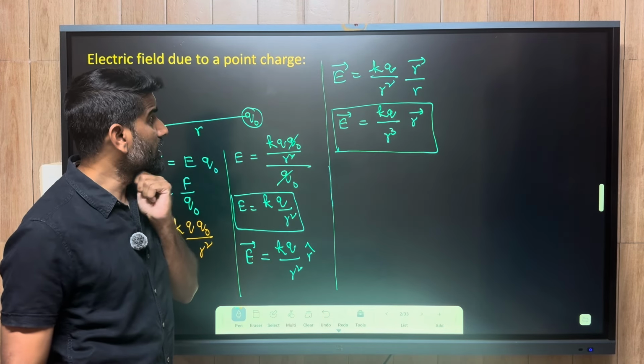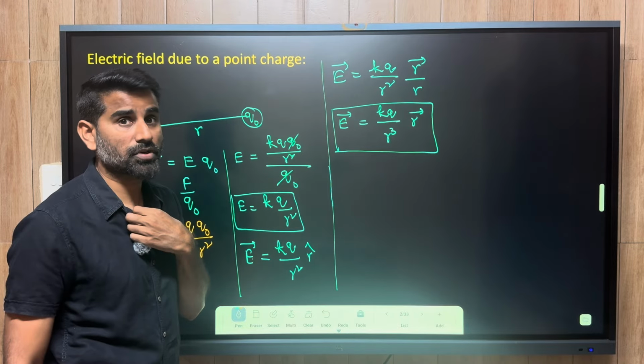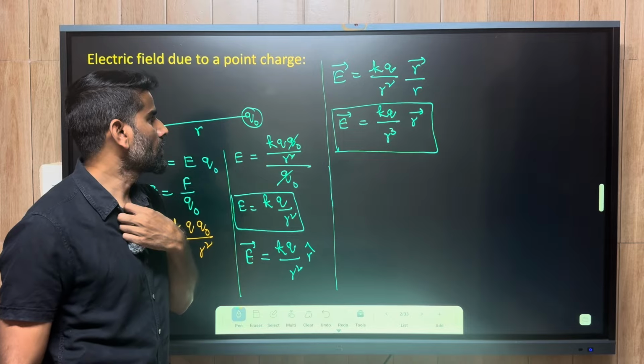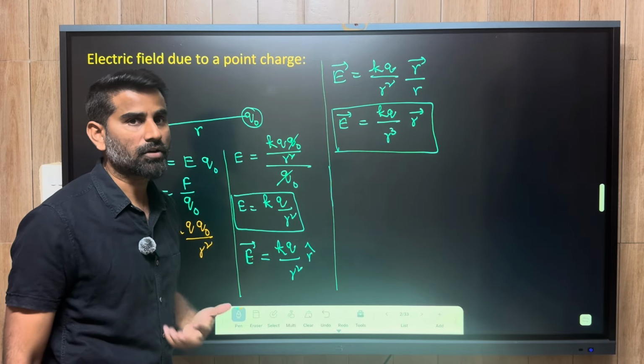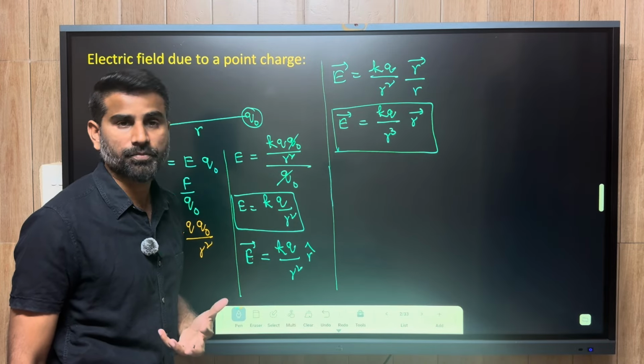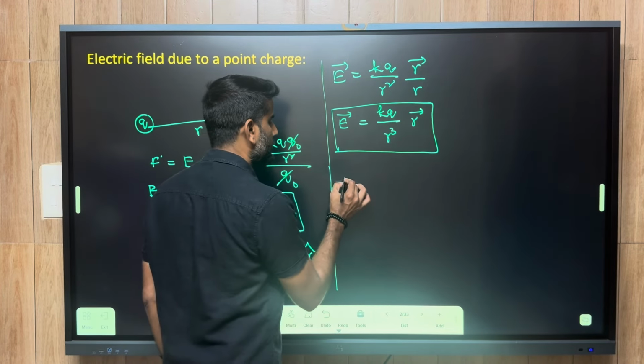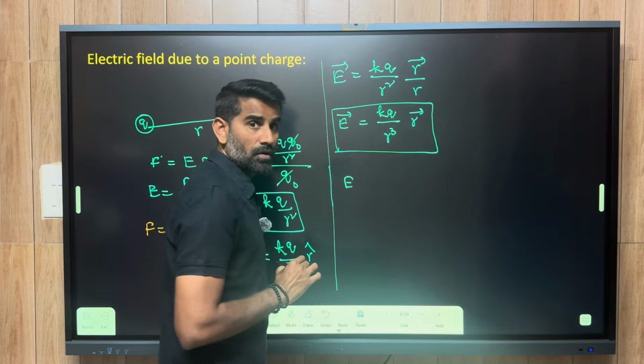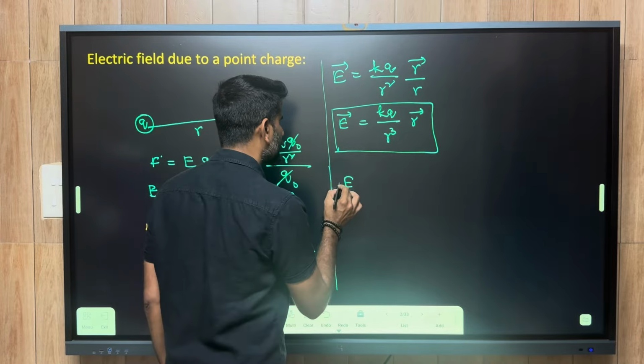We can even obtain the equation for the electric field in a calculus-based form.